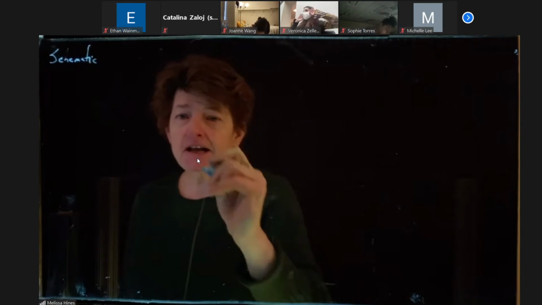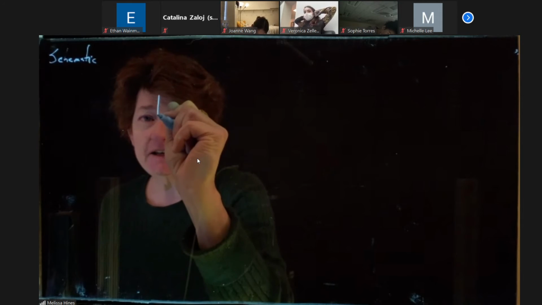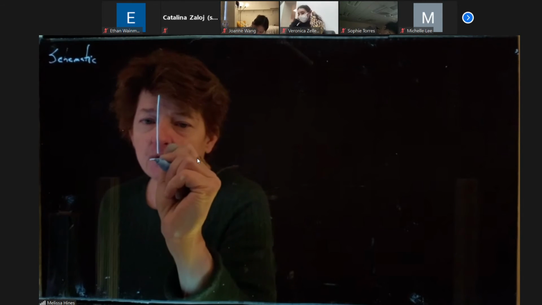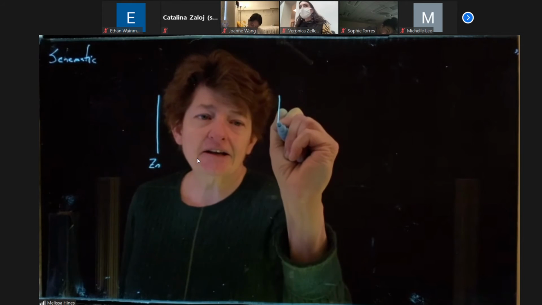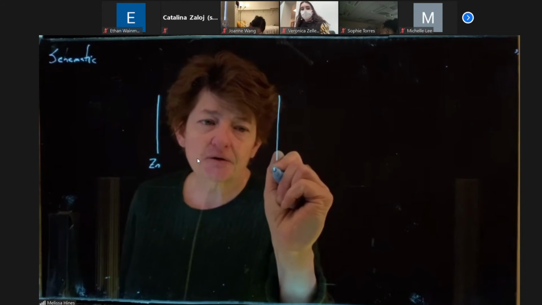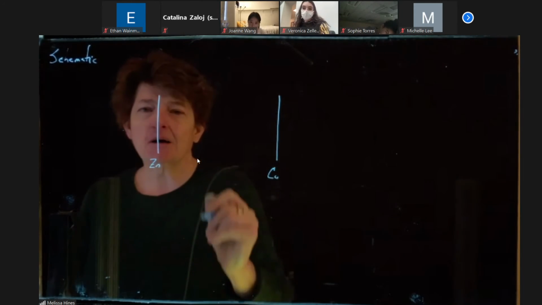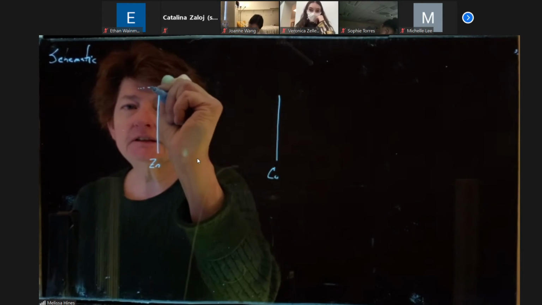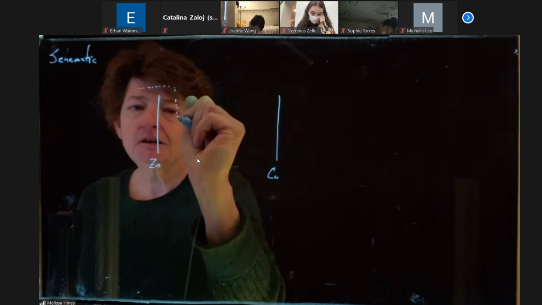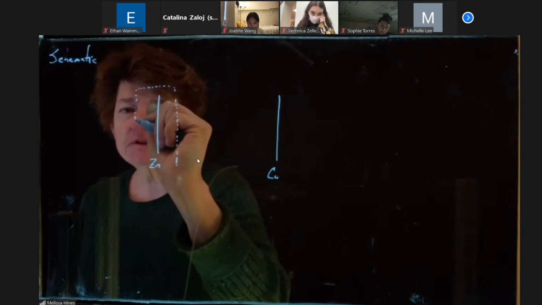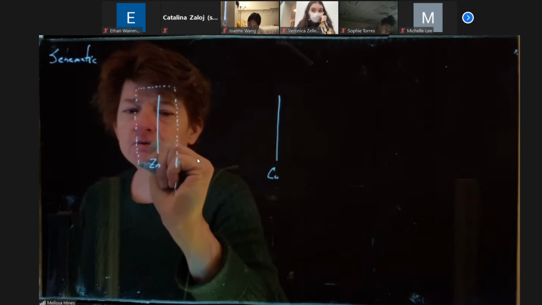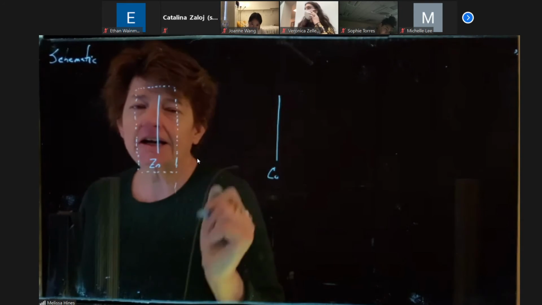When we started out at the beginning, remember that I had a piece of zinc. So here is my piece of zinc. Then I also had a piece of copper. So here is my piece of copper. And then what I did was I stuck my zinc into a beaker. I'm just going to represent this beaker that has solution in it by this dotted line like this.